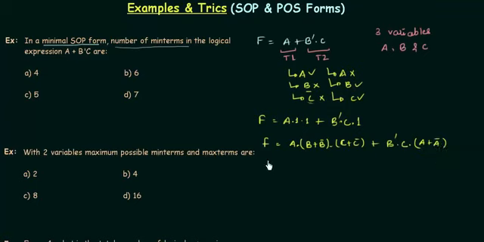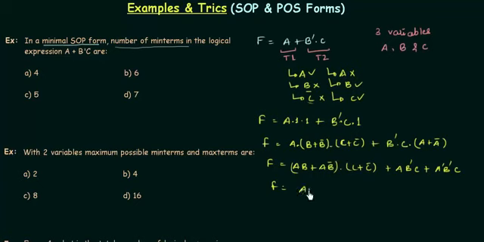Now we only have to open these brackets by using the distributive law, and we will do it quickly. A and B or A and B complement, and C or C complement is there. From this we have A B complement C or A complement B complement C. And now we will open these 2 brackets.